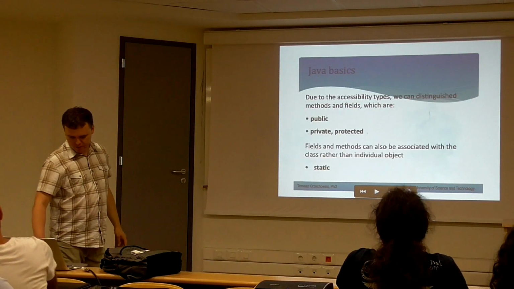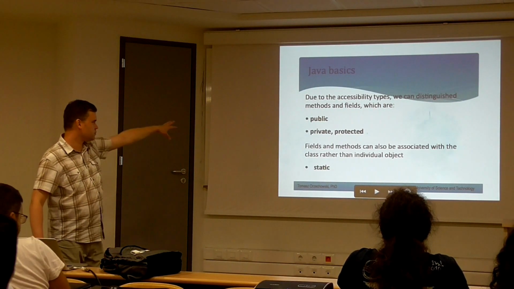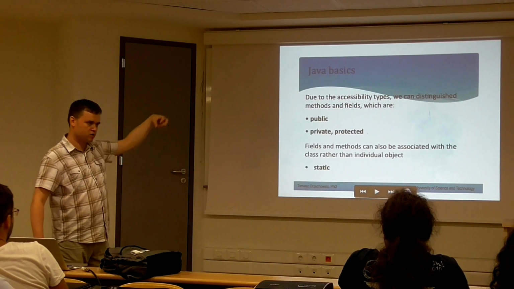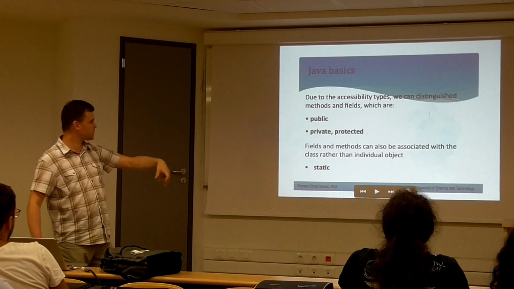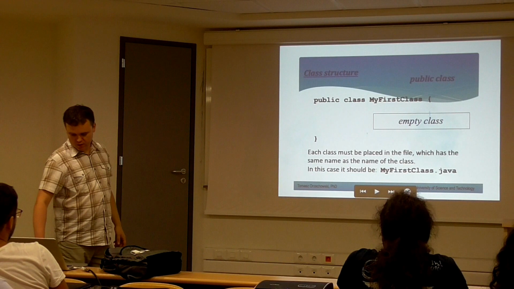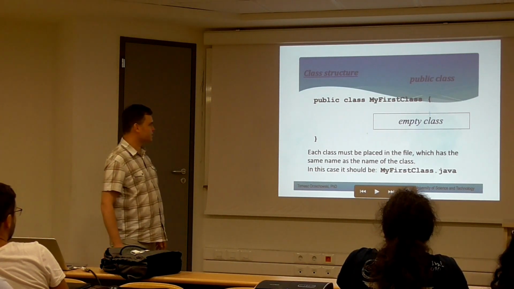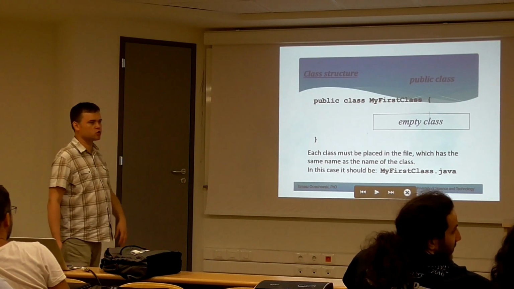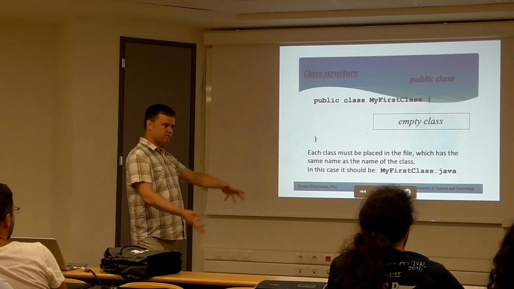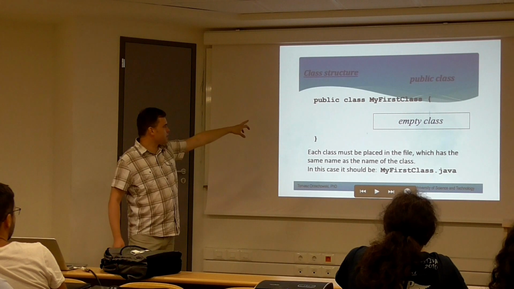Okay, public, private, protected fields. Everything in Java could be public, private, protected, and of course association to a class or to an object is done by the static word. When we want to create a class that could be used not only from this package, but also from outside this package, the class must be public.